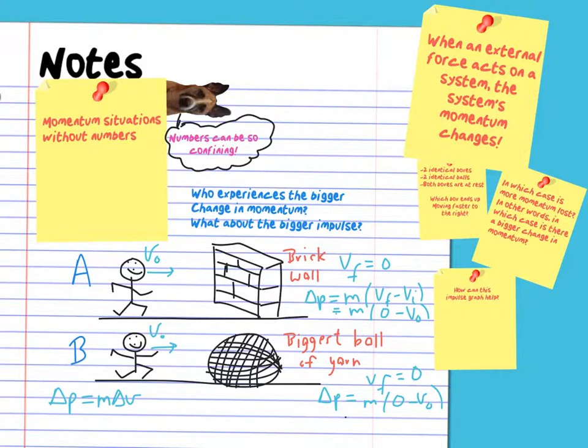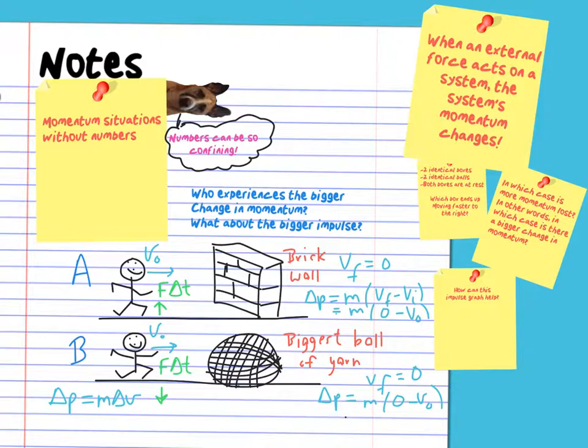So then you might ask yourself, well, wait a minute then. The impulse is equal to, and let's make this a different color so we'll make it green, the impulse is equal to force times change in time. So if this is a bigger force, and this one has a smaller force, and we know that they have the same change in momentum, which means that their impulses have to be the same.